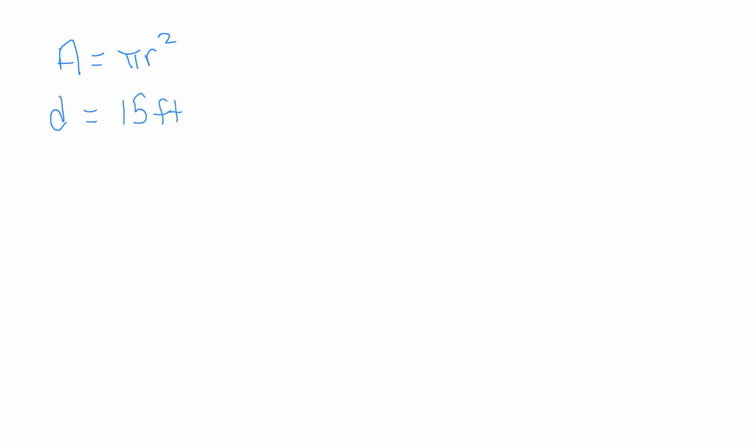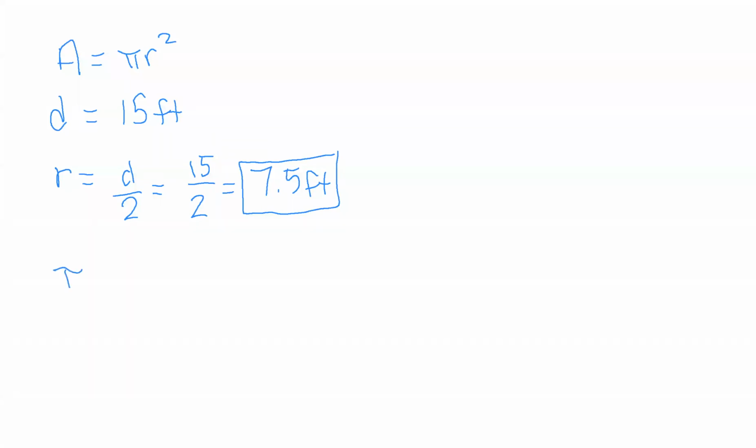If you go back to your geometry work in tier one, hopefully you'll remember that the radius is the diameter divided by 2. So in this case, 15 divided by 2 is 7.5 feet. We're going to be using a radius of 7.5, and don't forget, we're going to use pi as approximately 3.14. So area is approximately 3.14 times 7.5 squared.